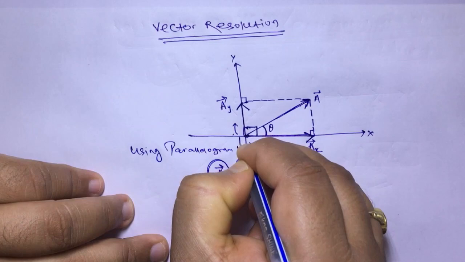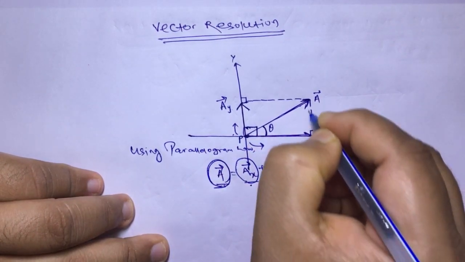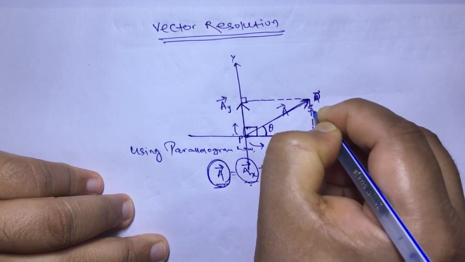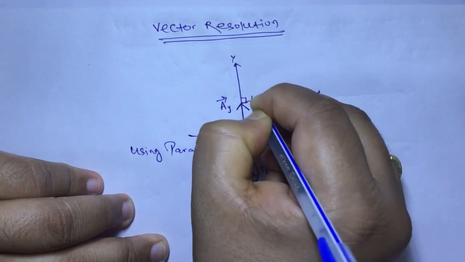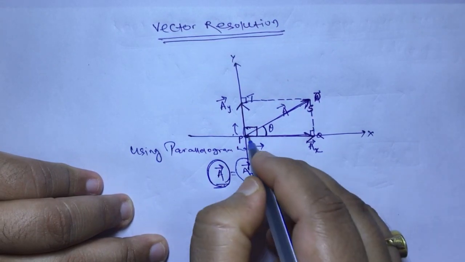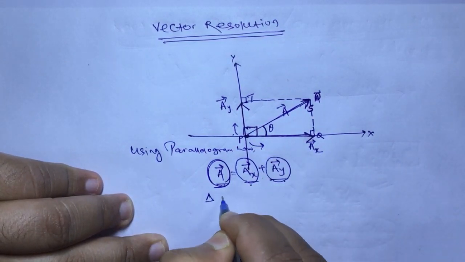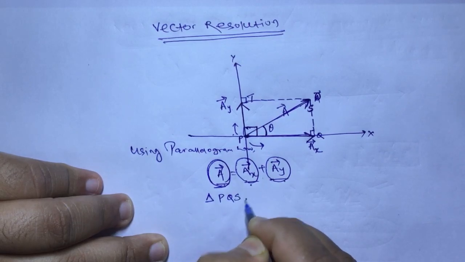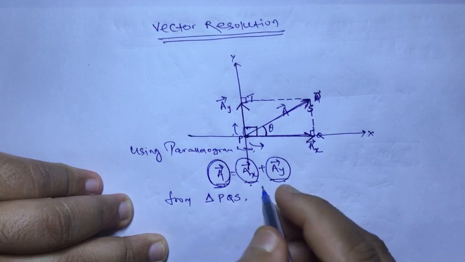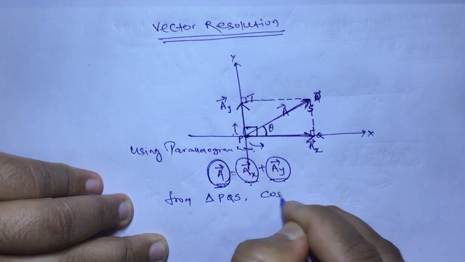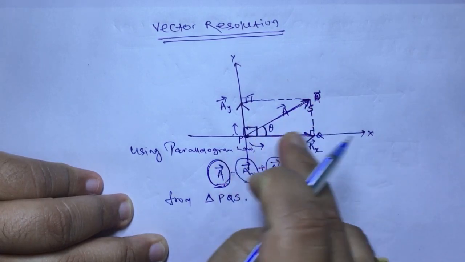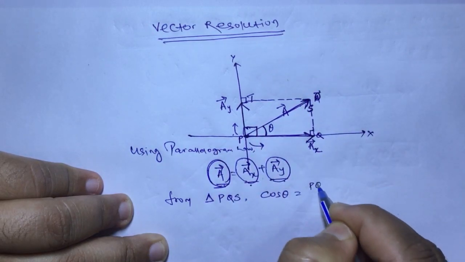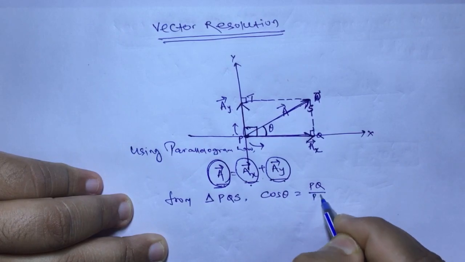Let me give some names: let this be point P, point Q, this point is point S, and let this point be point T. Now from triangle PQS, what is the value of cos theta? Base by hypotenuse. So it will be PQ divided by PS.